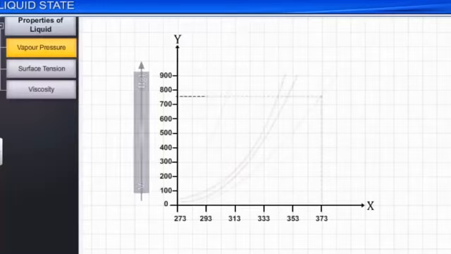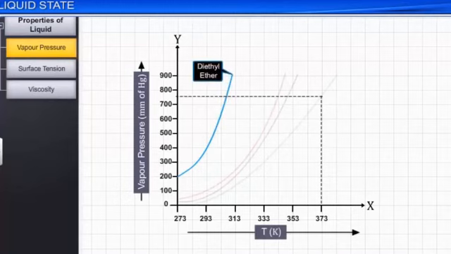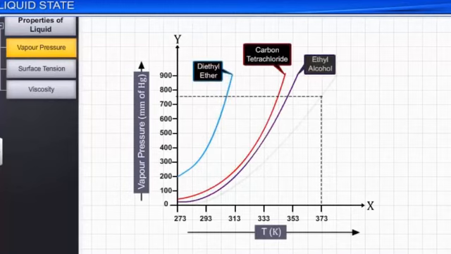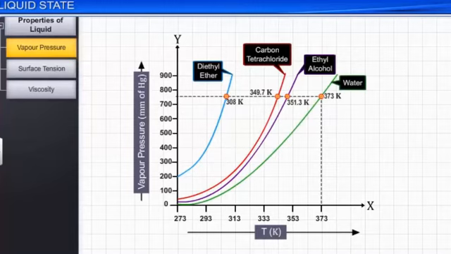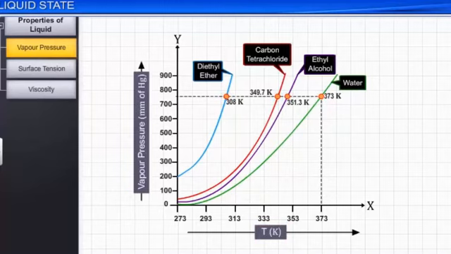The variations in the vapor pressure of various liquids with temperature are as shown here. From the graph, you can see that the vapor pressure of a liquid increases with an increase in its temperature. That is, at normal room temperature, 298 Kelvin or 25 degrees Celsius, liquids like carbon tetrachloride, ethyl alcohol, and water have a low vapor pressure.